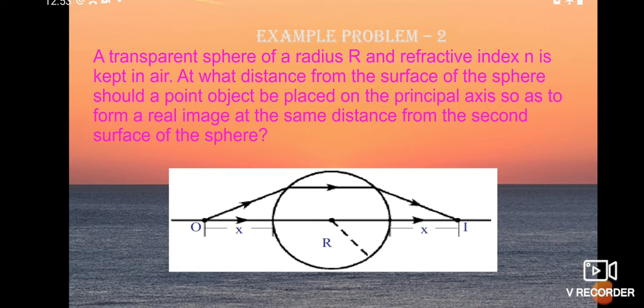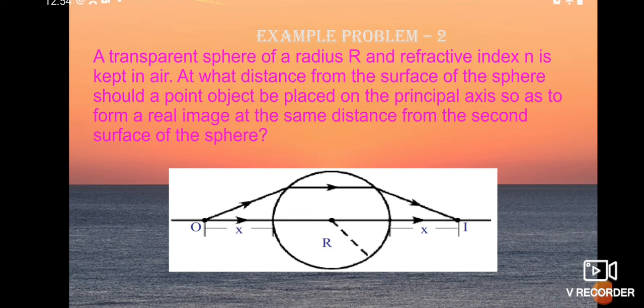Why is the ray traveling parallel to the principal axis? If you draw the normals to both the refracted rays. Okay, so when the light ray travels from air, that is from the rarer medium, you have to draw the normals from the radius of curvature. And if we assume that the image distance falls like this, at that place also you have to draw the normal.